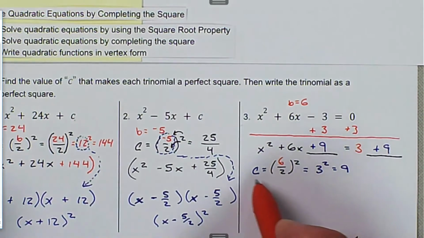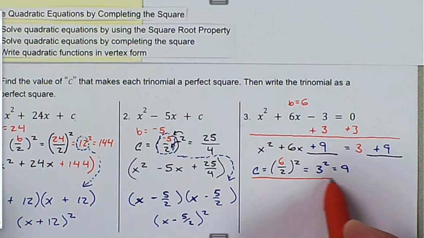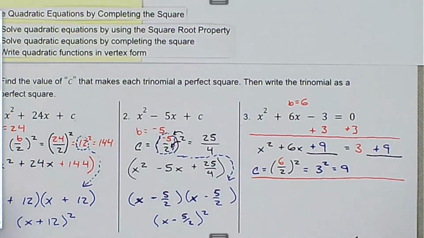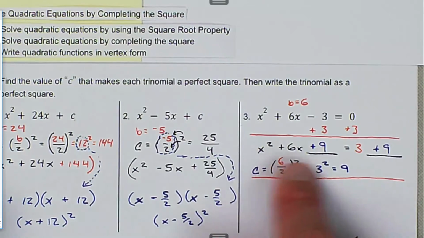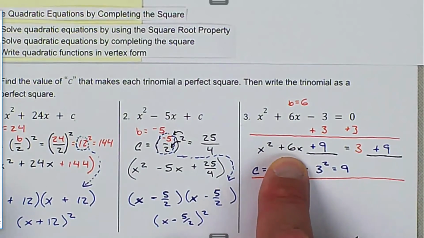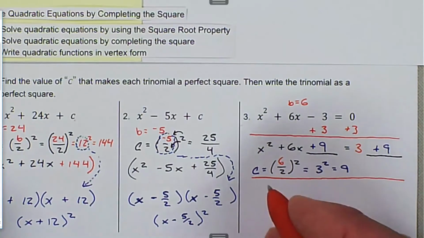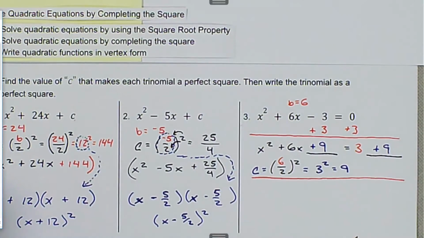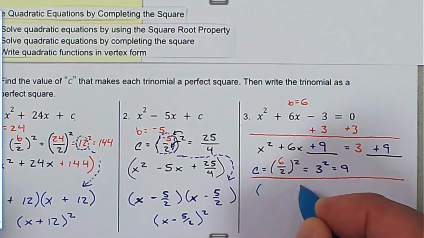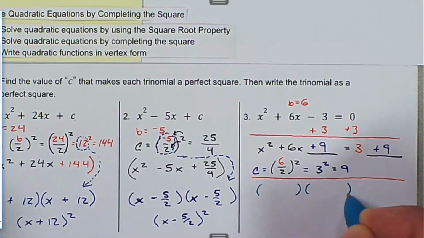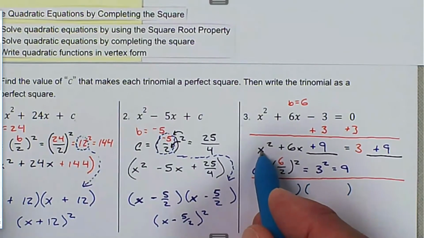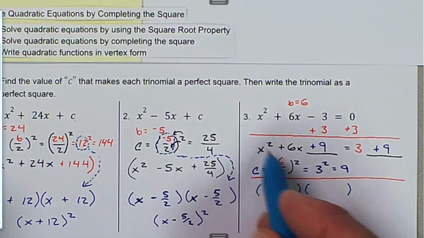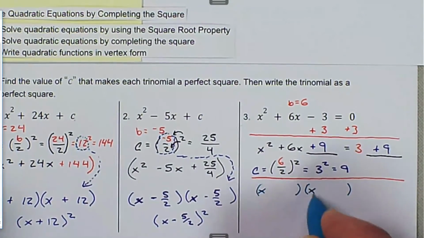So we have all the parts of our equation. Now we want to factor the trinomial on the left-hand side, so we get two binomials. The only two numbers that multiply together to get x squared are x and x.